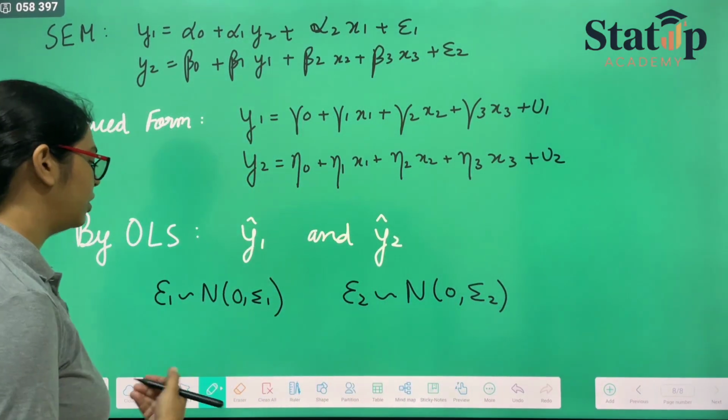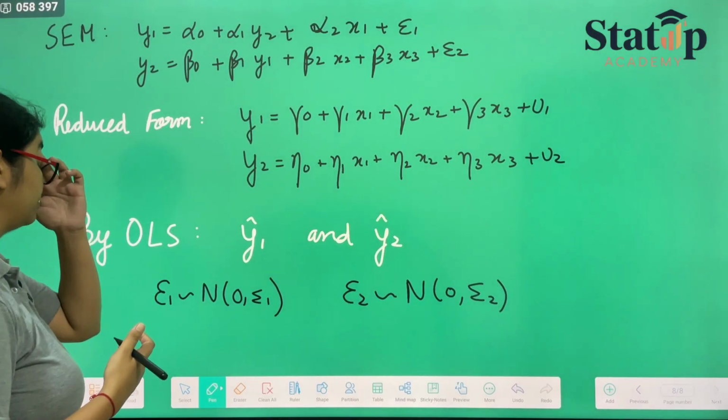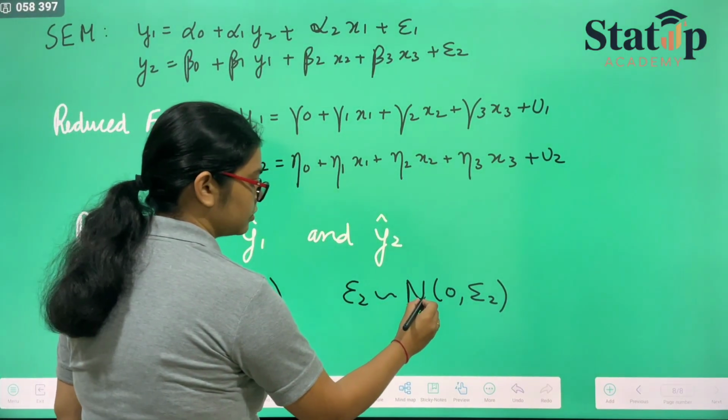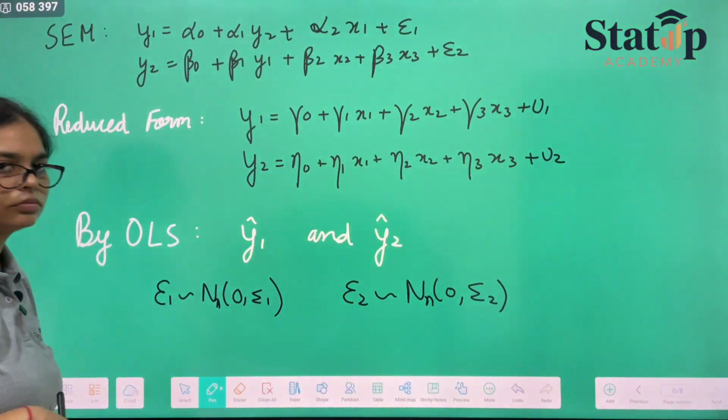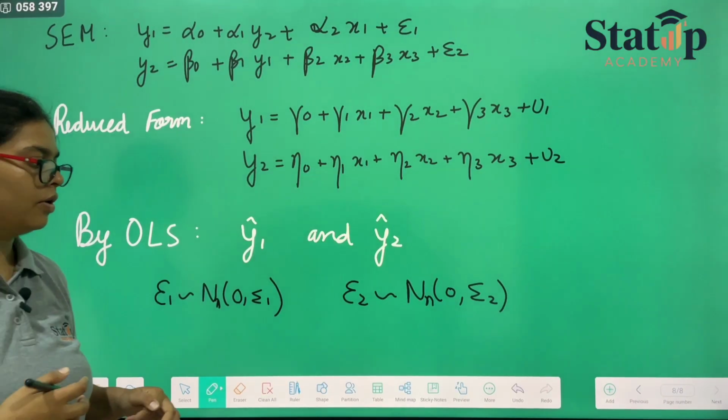So we don't know what is the number of terms in this model, so we can write it as small n. Okay, so till now I think you know all of this.